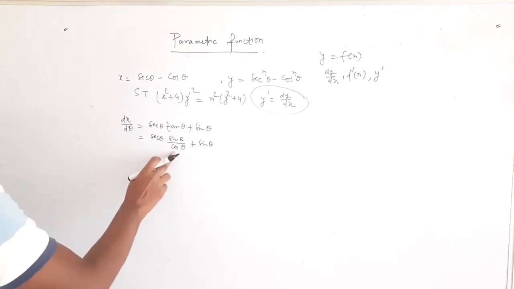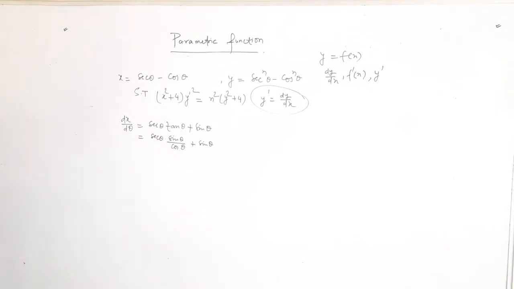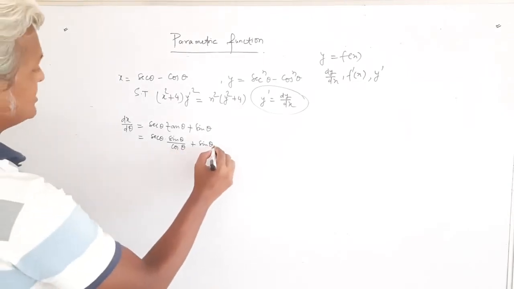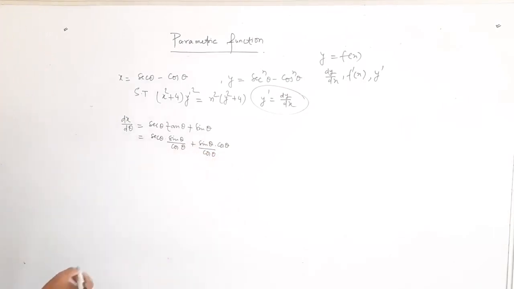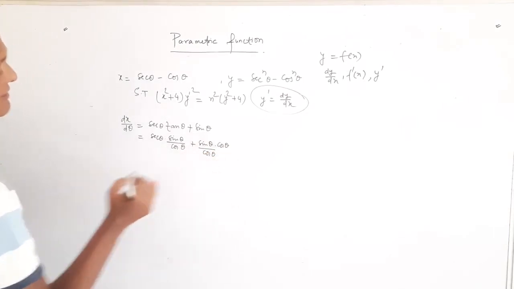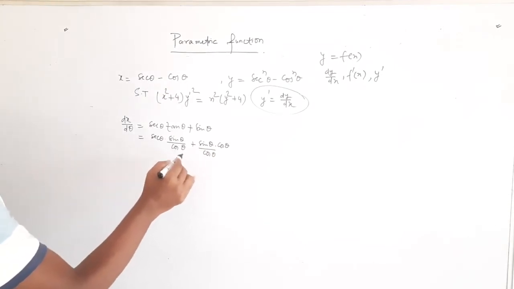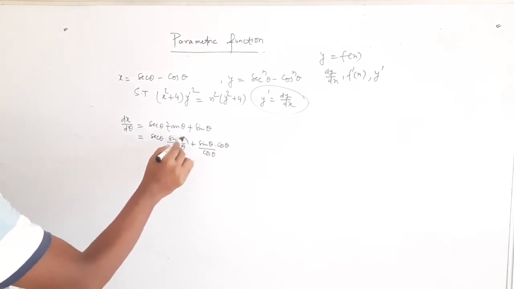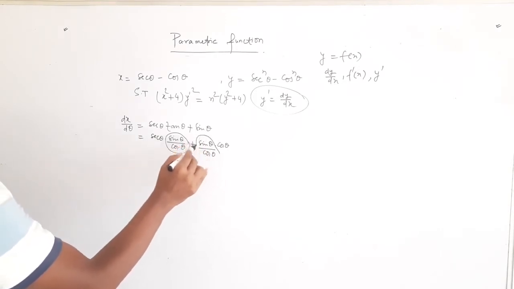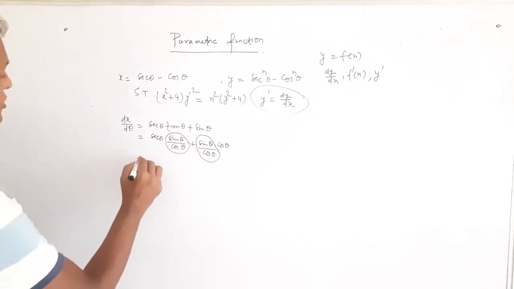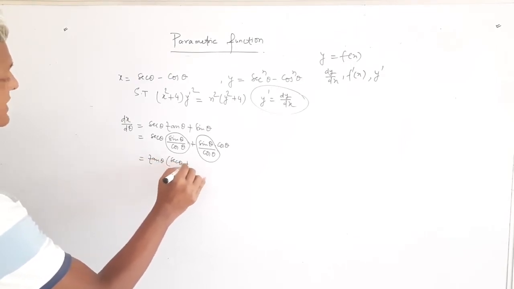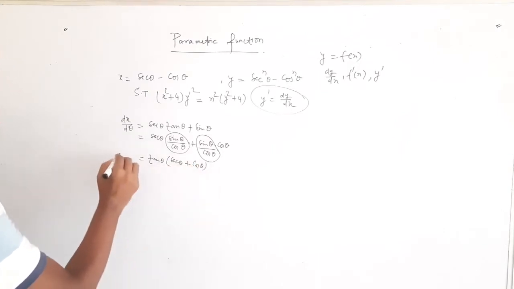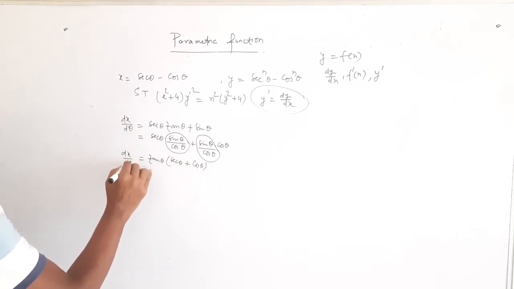If I multiply by cos theta and divide by cos theta, then I can take tan theta common, so you will have tan theta times sec theta plus cos theta. This is dx by d theta.